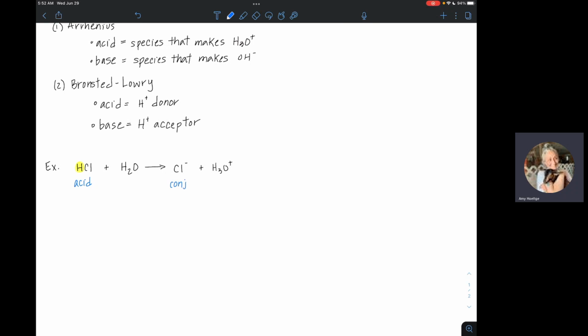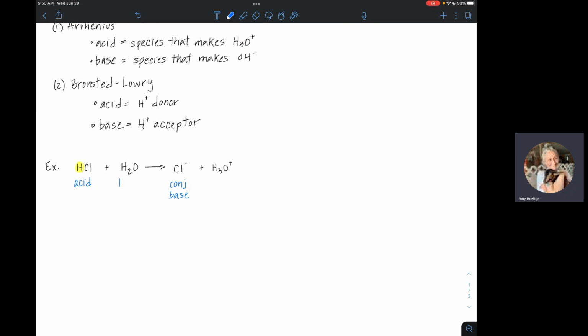You have to be mindful that these conjugate pairs are always present. You have an acid, after it's done giving up its proton, you will have its conjugate base. And the conjugate acid-base pairs differ by only one proton. So here we have a monoprotic acid, hydrogen chloride, or in other words, when we mix it with water, hydrochloric acid.